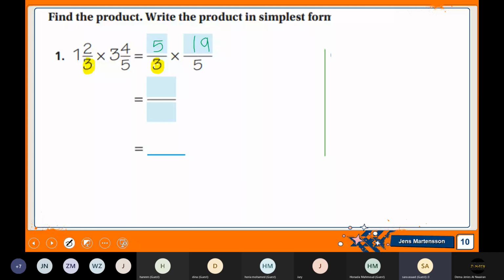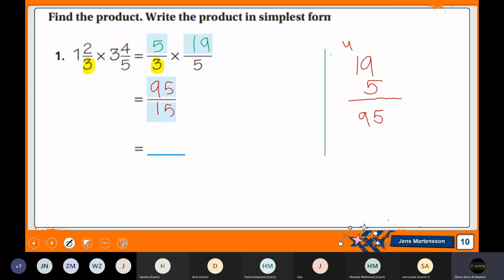We have to multiply 19 with 5. 9 multiply 5 equals 45, and 5 multiply 1 equals 5. Plus 4 is 9. So the numerator will be 95. Thank you, Sarah. And on the denominator? It will just be 15, so 3 multiplied by 5.